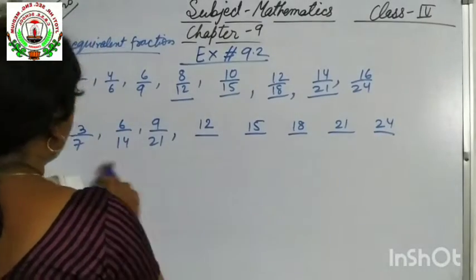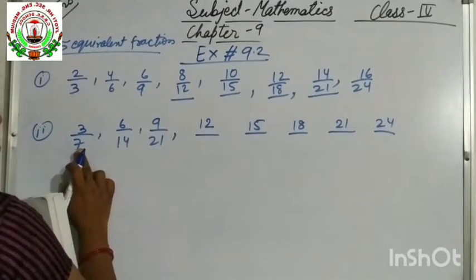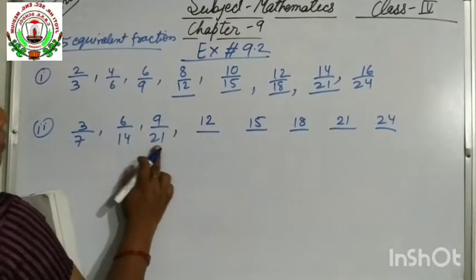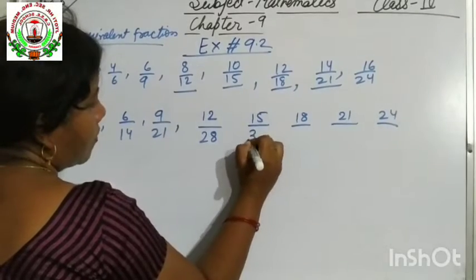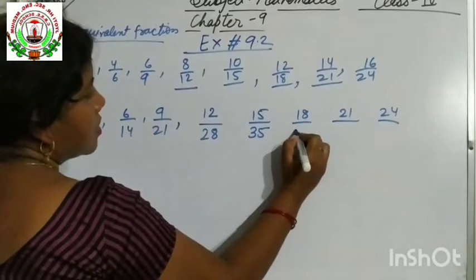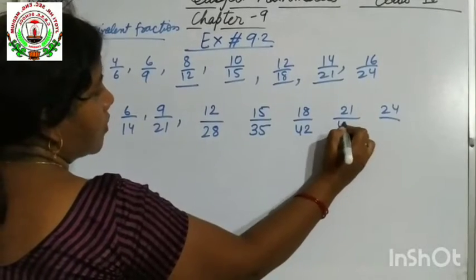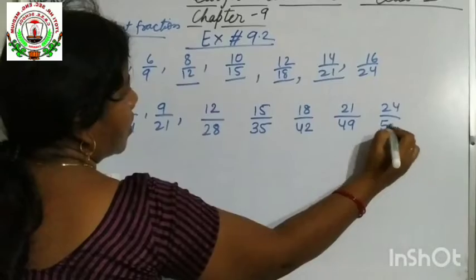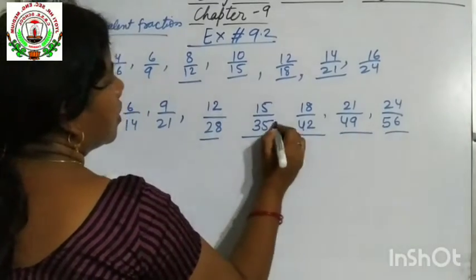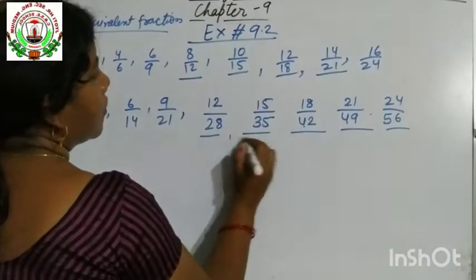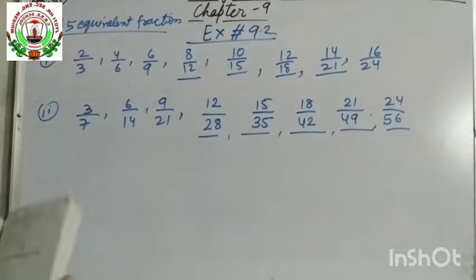5 are there. Now this side, the 7 table: 7 1 ja 7, 7 2 ja 14, 7 3 ja 21, 7 4 ja 28, 7 5 ja 35, 7 6 ja 42, 7 7 ja 49, 7 8 ja 56. So these are the answers of the given questions. Understood?